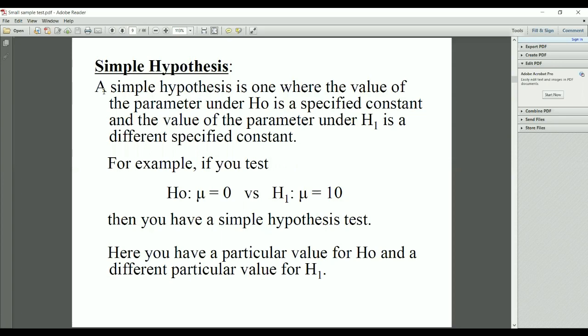Here you have a particular value for H0 and a different particular value for H1. Just a reminder: H0 is the null hypothesis, H1 is the alternative hypothesis.